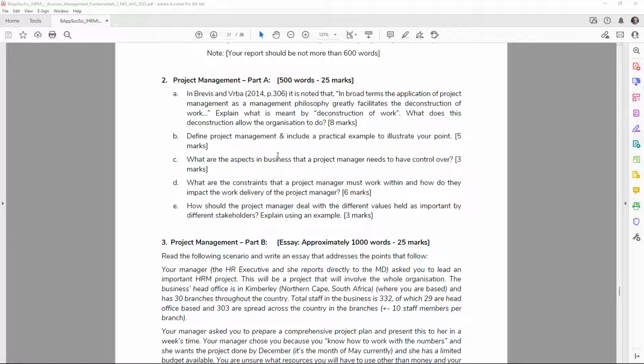What does this deconstruction allow the organization to do? Some hint around this: please don't just write what I'm saying now, rather familiarize yourself with what is in the textbook and in project management literature. I'm just giving you a very simplified understanding of deconstruction.